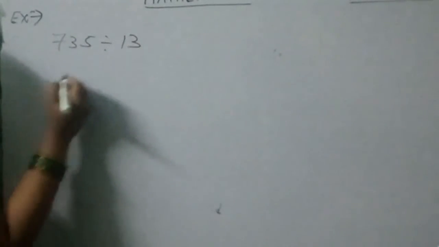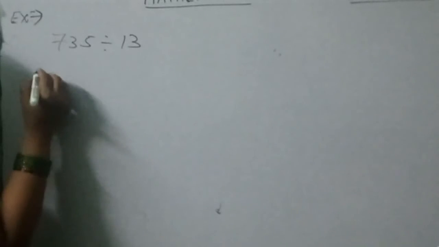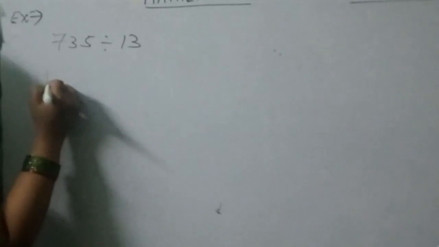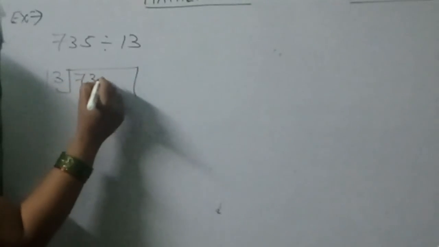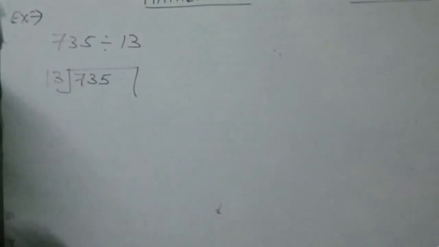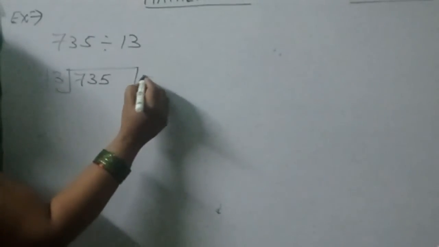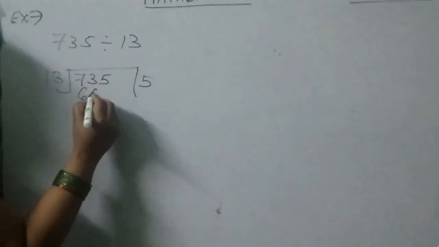Okay, if you know the table of 13, it is very good. Directly you can read the table and divide the number. 735. Read the table. How many times will we read 13? 13 fives are 65.